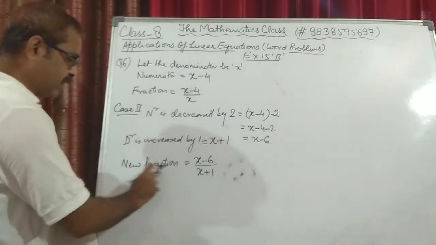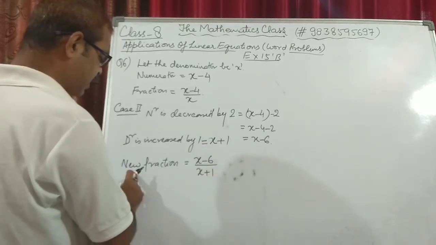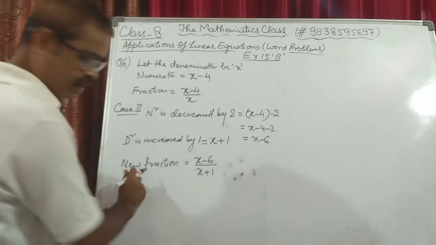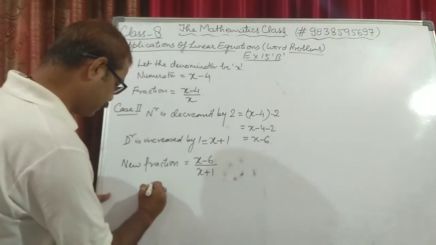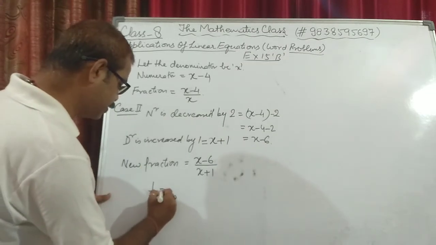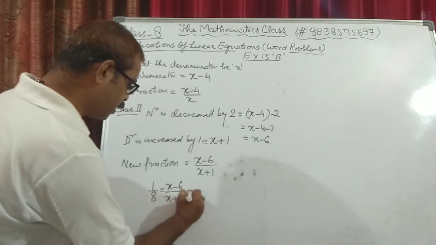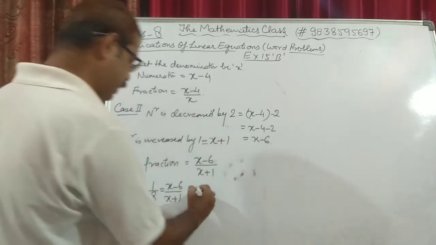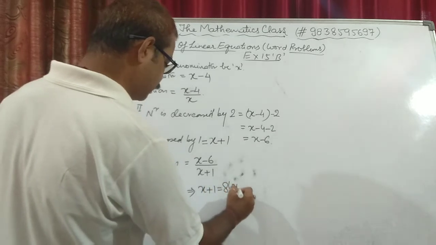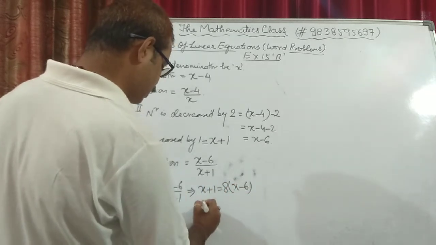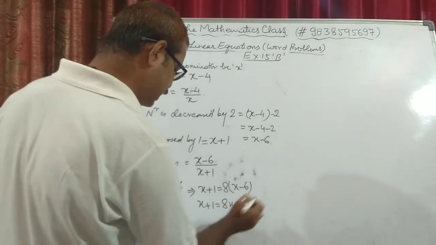They say that the value of the new fraction after these changes is 1 upon 8. So we write 1 upon 8 is equal to (x minus 6) upon (x plus 1). Now we will solve it. Cross multiply: x plus 1 is equal to 8 times (x minus 6). So x plus 1 is equal to 8x minus 48.